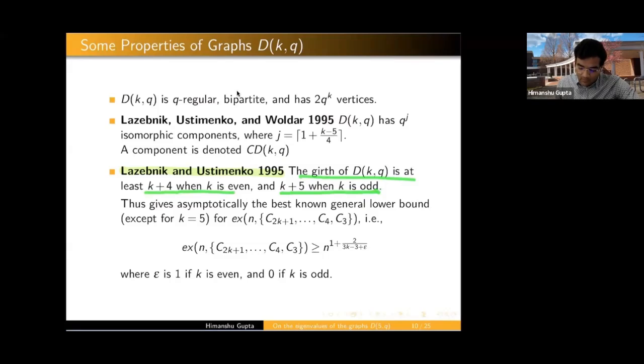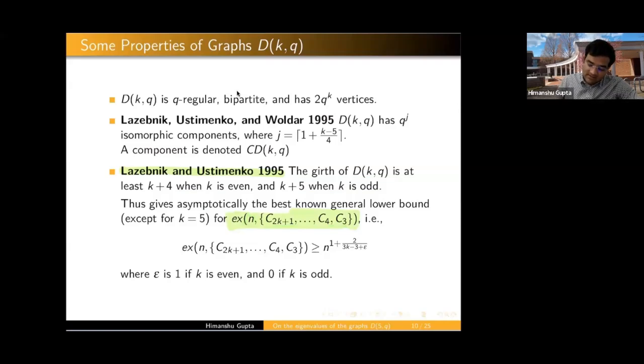So basically these bipartite graphs give us the best known general lower bound on this quantity: if we fix the number of vertices, the maximum number of edges in a graph such that we avoid cycles of length 2k plus 1 down to C3.